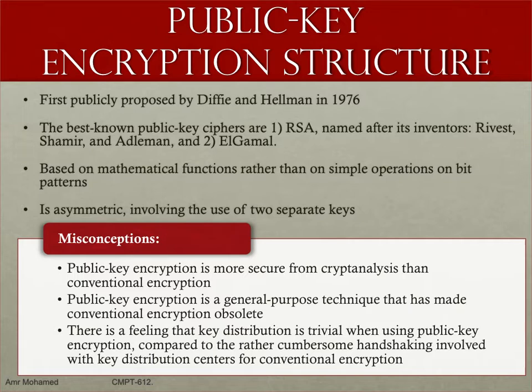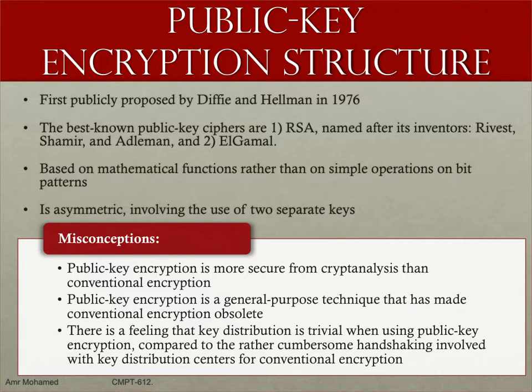There are very common misconceptions about public key cryptography. We hinted about that last time. One of them is that public key encryption is more secure against cryptanalysis than symmetric keys. That's a misconception, because for the same key size, symmetric encryption is more efficient in terms of complexity.